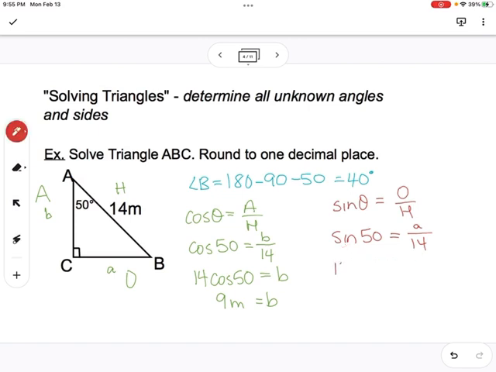So 14 times sine 50 equals side A. So 50 sine times 14, we get 10.72. We need one decimal place. The 2 beside the 7 means we're keeping it the same. So we get 10.7 meters as the length of side A.